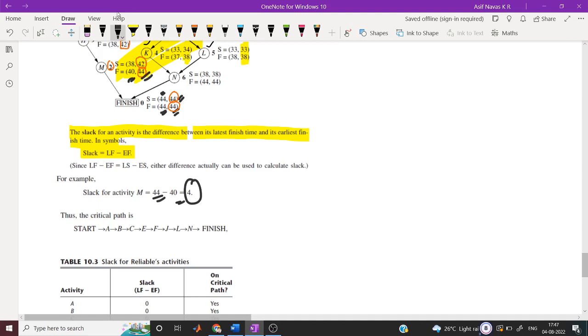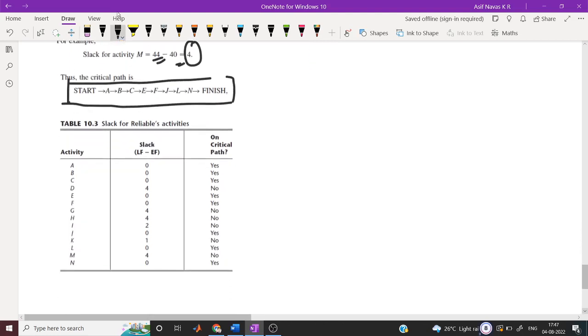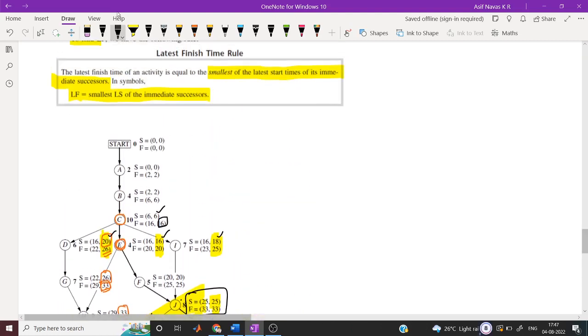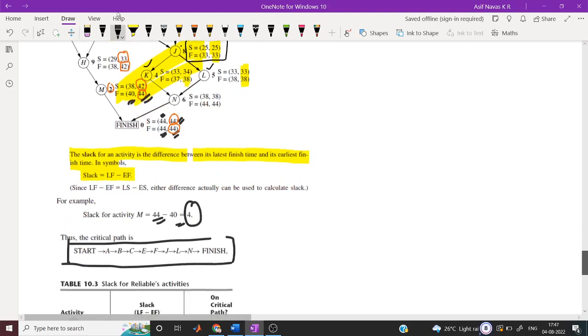Now the critical path we already got. Slack is 0 for the critical path. For A, the slack is 2 minus 2, which is 0. For B, 6 minus 6, 0.